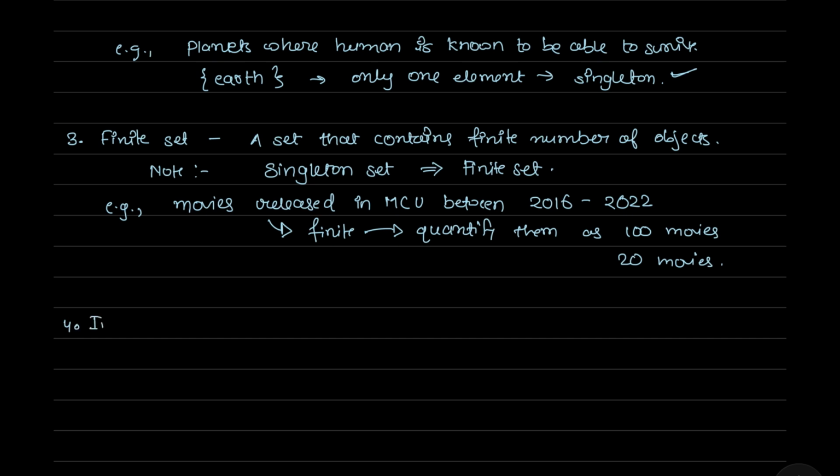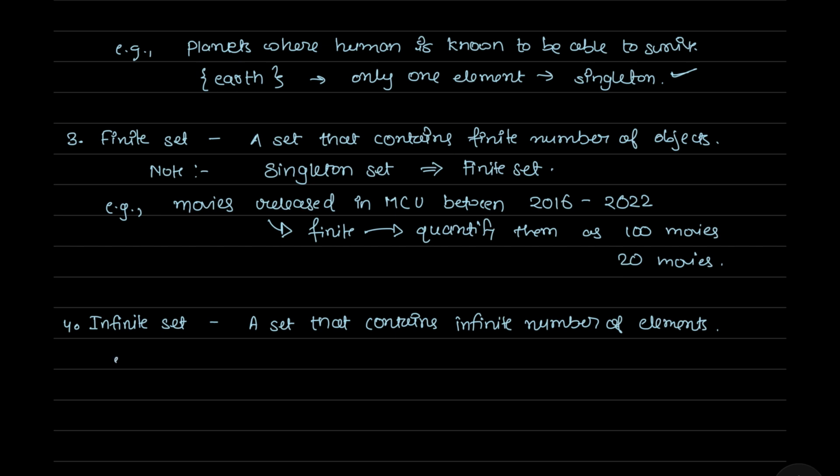Next we have infinite set. Okay, this is nothing but a set that contains infinite number of elements. One thing to note here is that the objects of a set are also called elements.